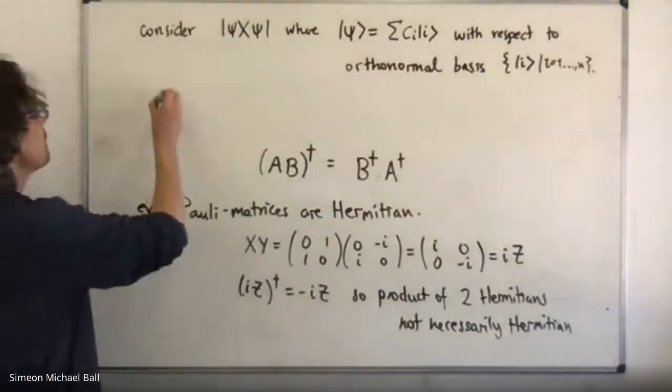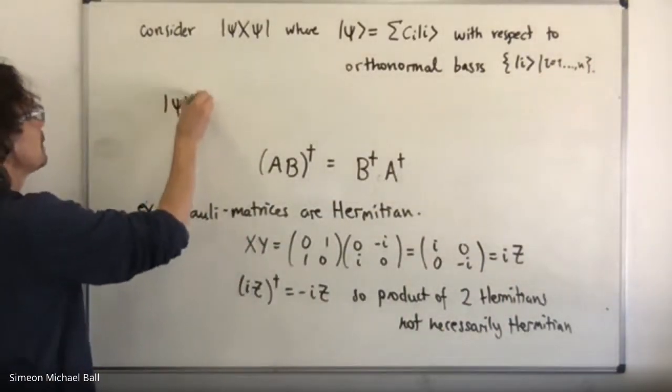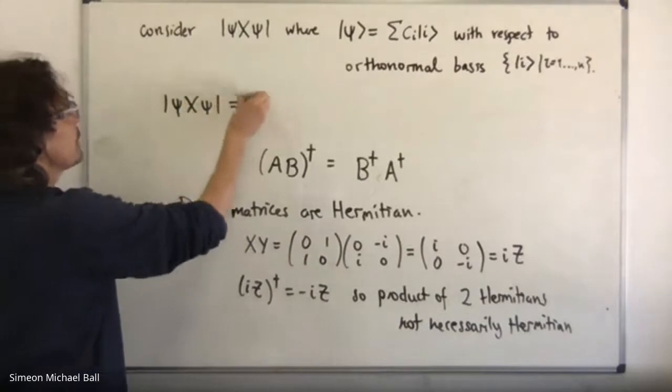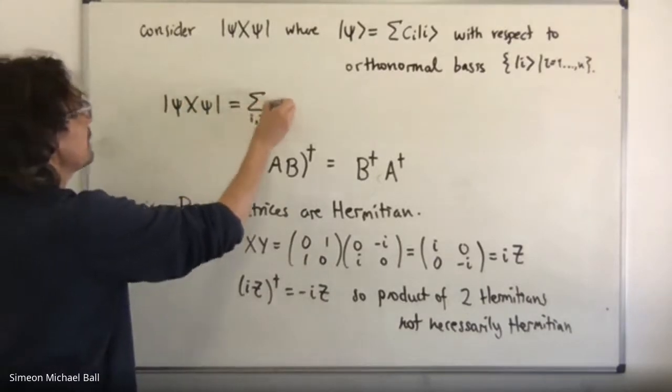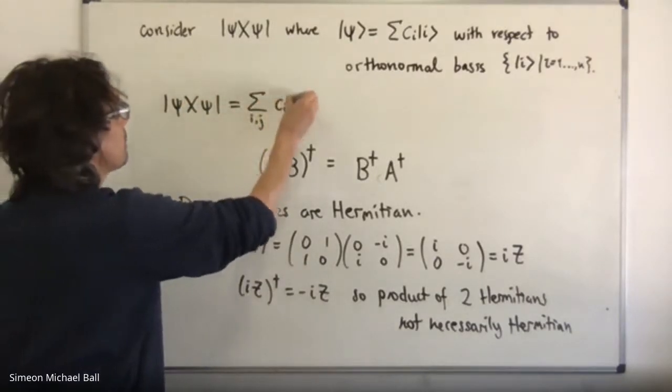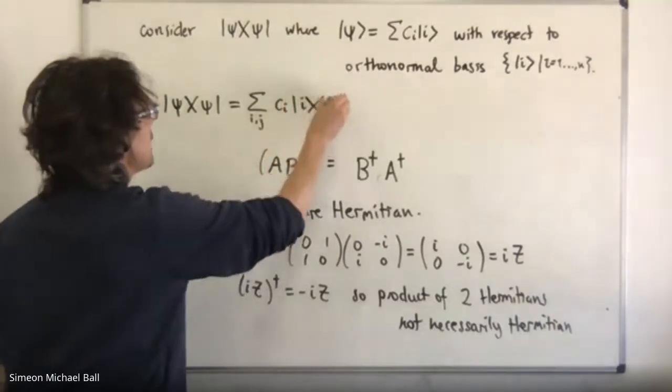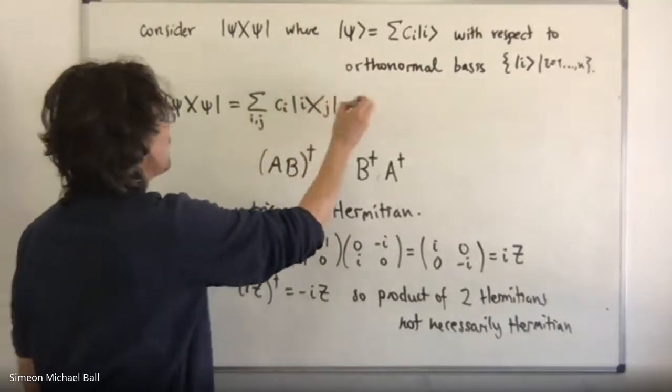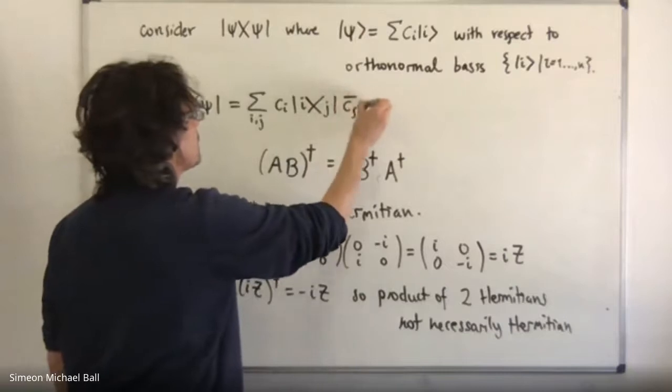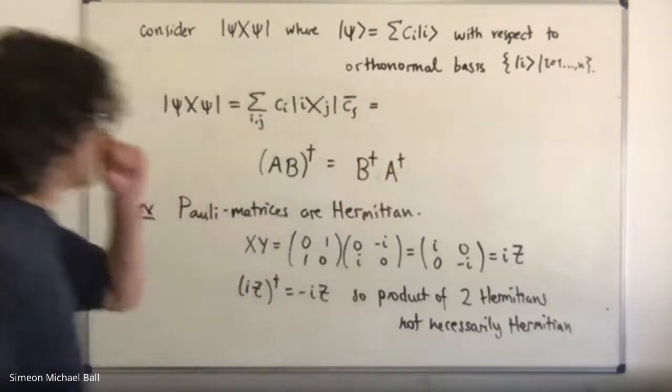So that would be the sum over i and j, c_i, the j, and the c_j conjugate.